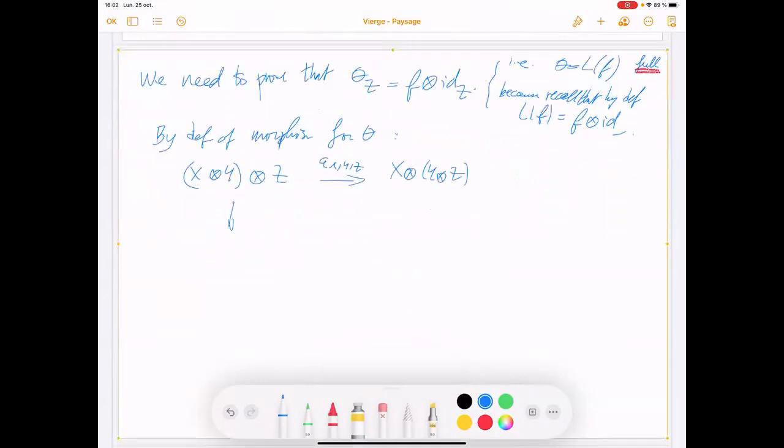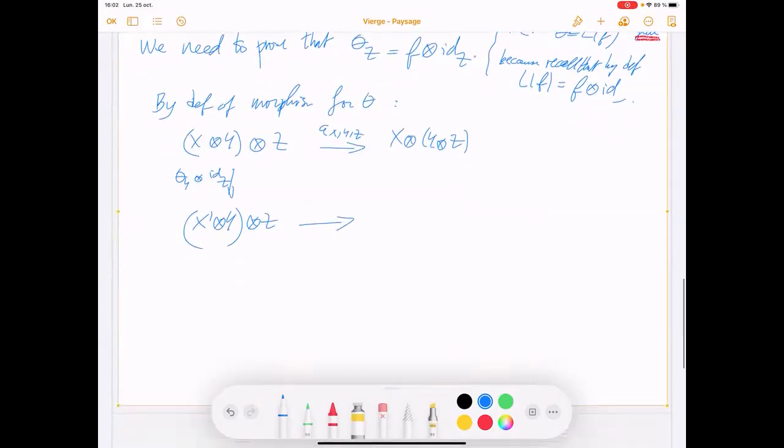Here theta Y tensor identity of Z, X prime tensor Y tensor Z. I write the diagram in general, but then, as before, we will apply this diagram to the specific case.